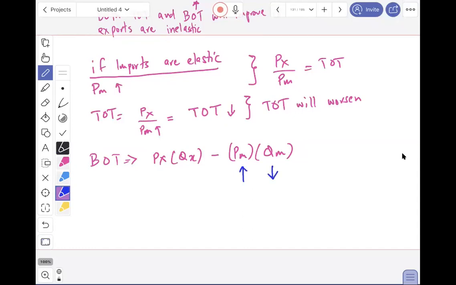If quantity of imports is going down, and if the goods are elastic, right? If the goods are elastic and price of imports is going up, then one could argue this quantity of imports, if elastic, will fall by much more, right?